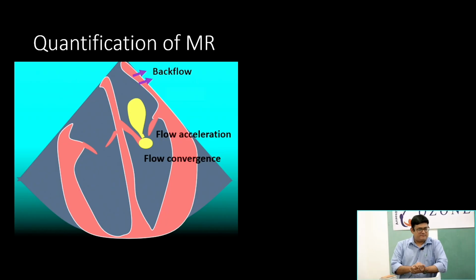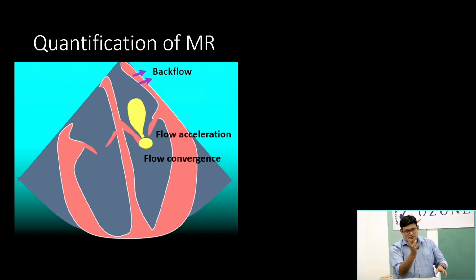Now comes the most interesting part, that is quantification of MR. It took me a long time to understand this concept. Whenever the blood approaches a leaking orifice, it starts crowding, and as it reaches towards the orifice, the velocity also increases, and once it passes through this leak, it produces a huge jet, and because of this jet, the chamber in which it is produced can have back pressure changes in the other organs.